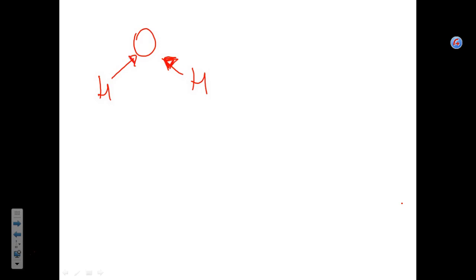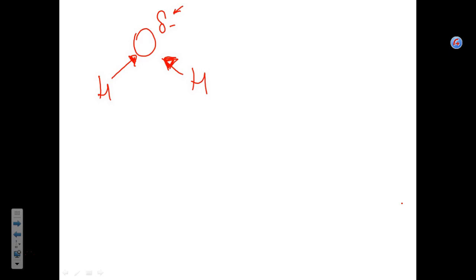Does that make sense? So electrons, how are they charged? Positive or negative? They're negative, which means when oxygen pulls electrons to itself, oxygen gains a partially negative charge. This Greek letter delta means a little bit.